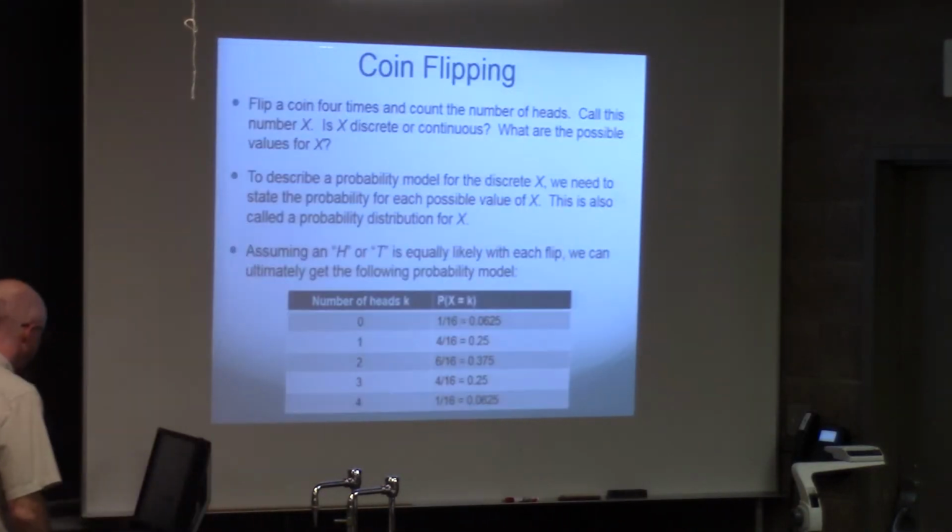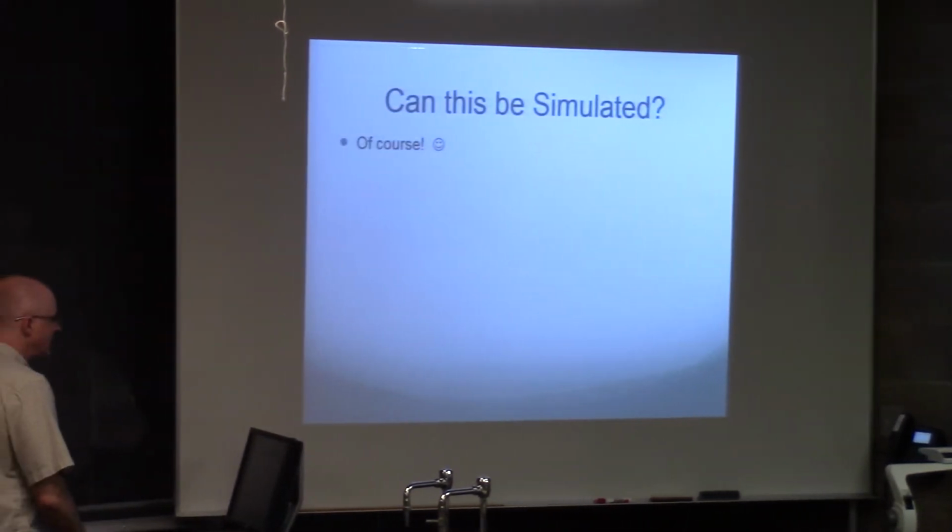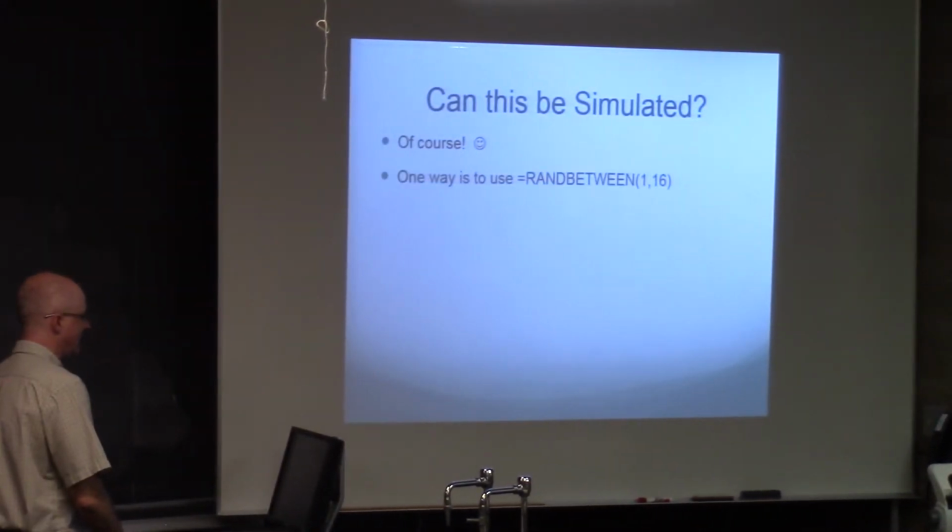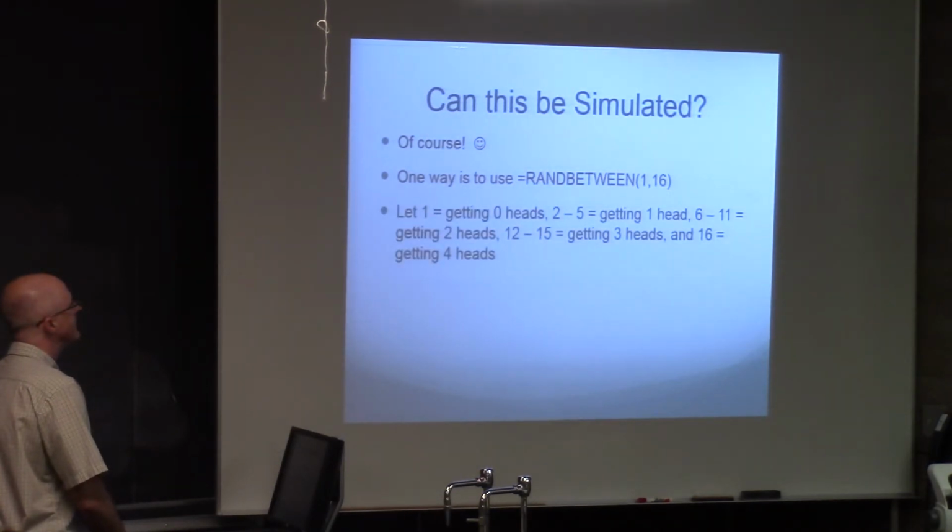Next time I think we'll simulate it on a spreadsheet. Can it be simulated? Of course. One way is to use random between. Okay, I'll let you think about that and we'll talk about it more next time. I'll let you think about what I might mean by that. I won't specify right now. It's going to help us model getting various number of heads based on the probability distribution.